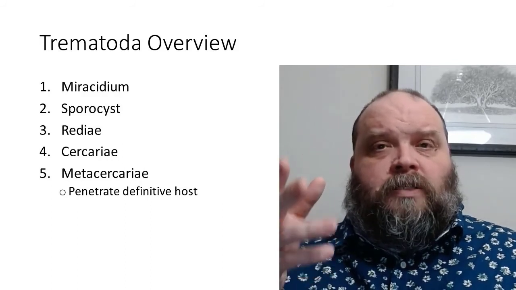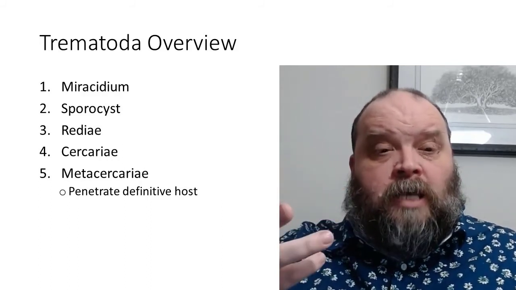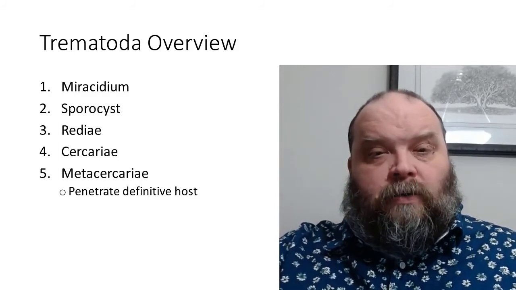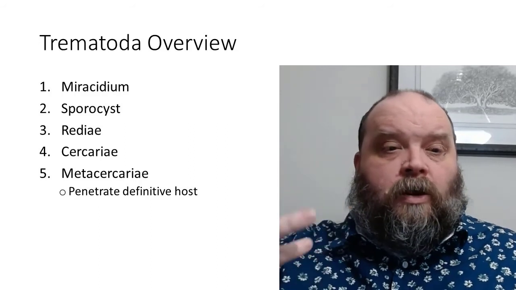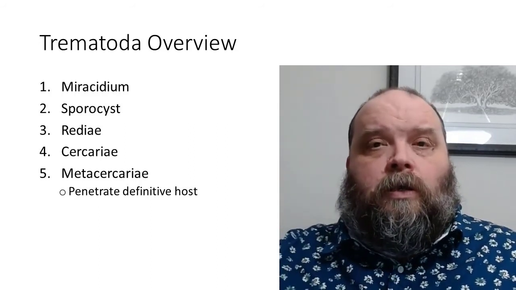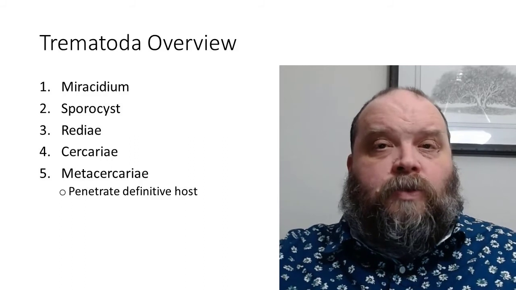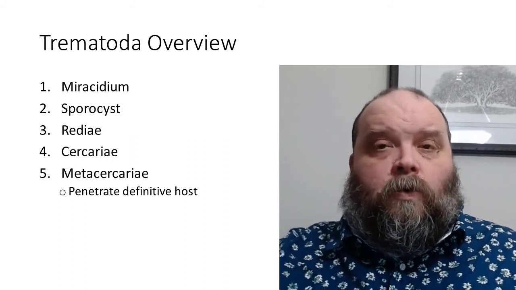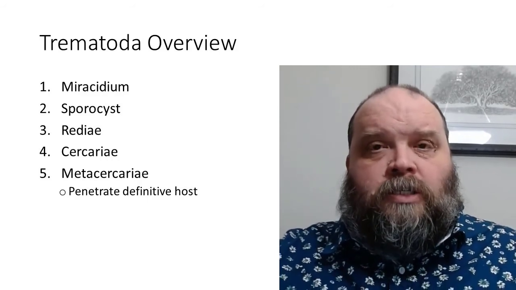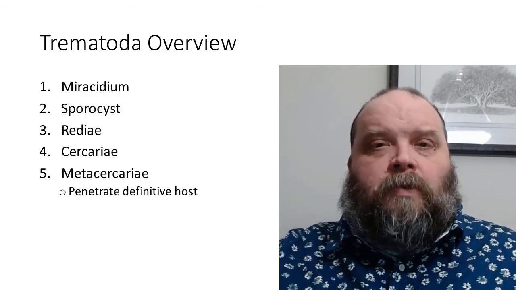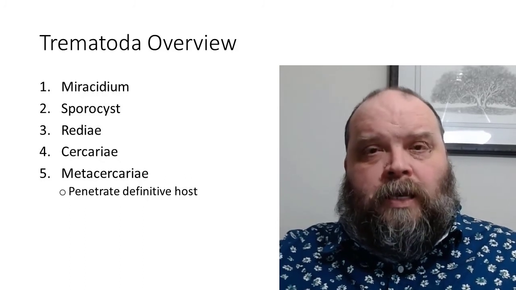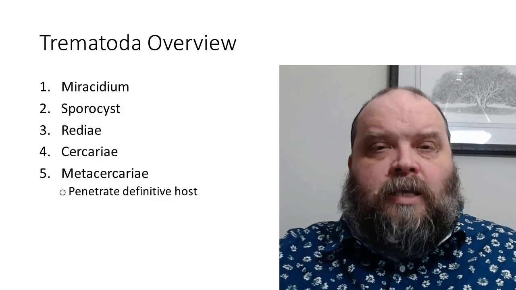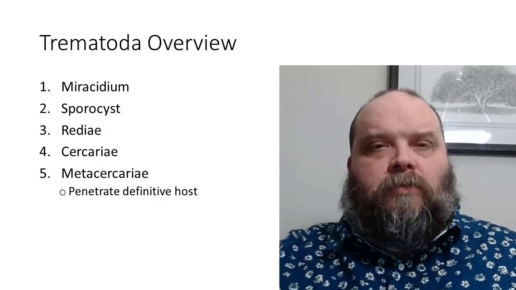There, it no longer needs to be motile, so it'll attach, and it will further develop into the metacercaria. The metacercaria can then come into contact with the definitive host, penetrate the dermis, epidermis, and all of that, or it can be ingested. Some animal comes along and eats the aquatic plants. This now is ingested and is now inside the definitive host.